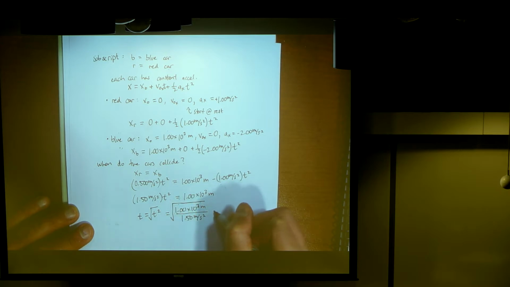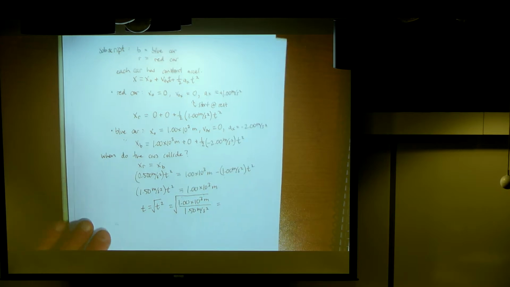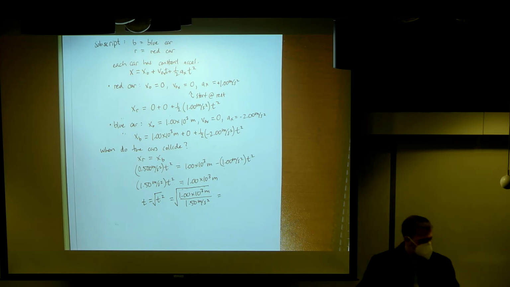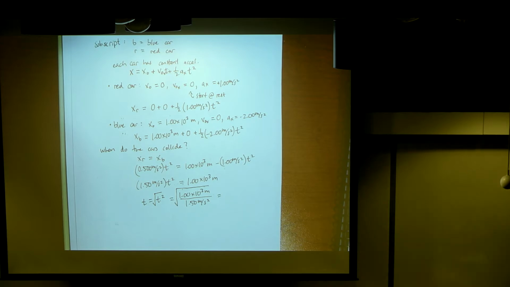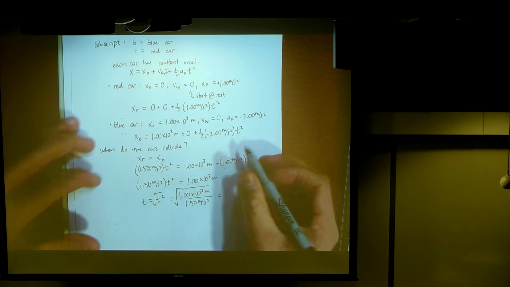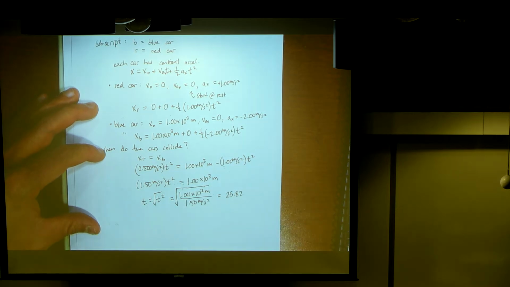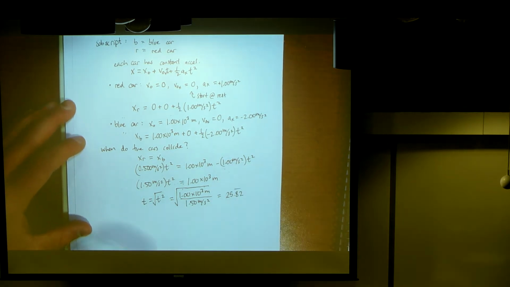So can someone crunch those numbers for me? It's basically 1,000 divided by 1.5 under the radical. 666.666. Did you square root it? Oh, no, yeah. Square root is 25.81. Yeah, so you have 25.8, I'm getting like 25.82, we'll round that to 3 sig figs, however.